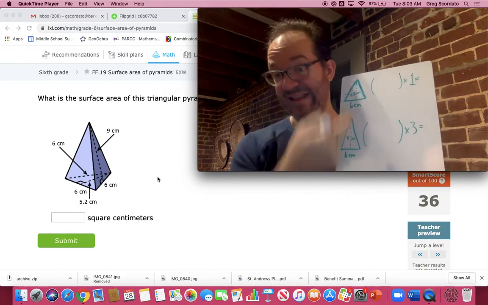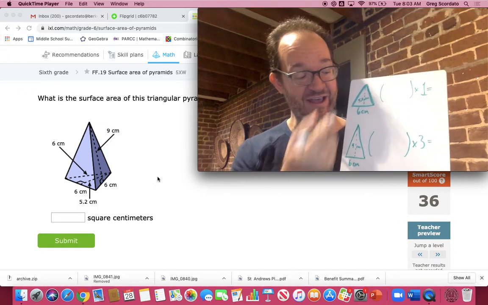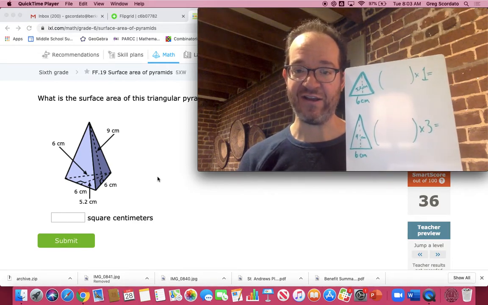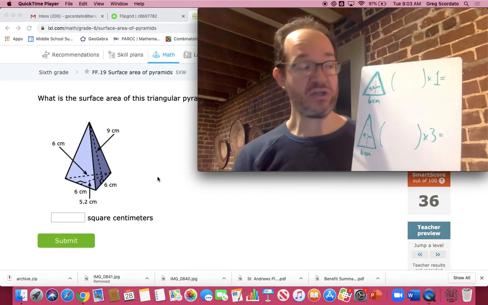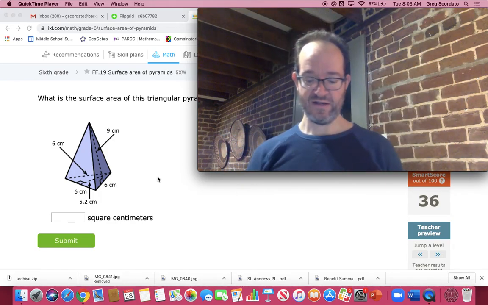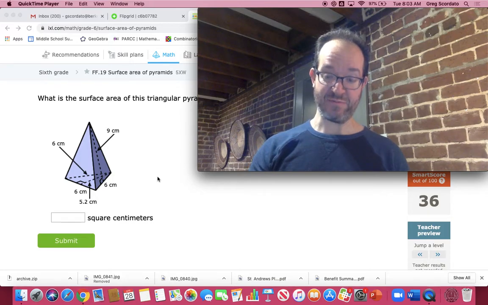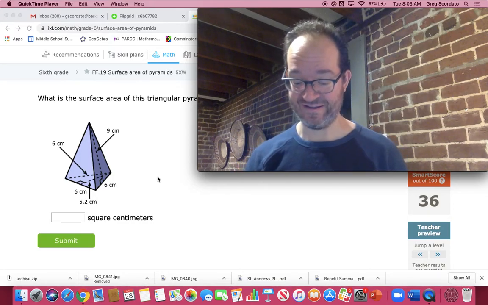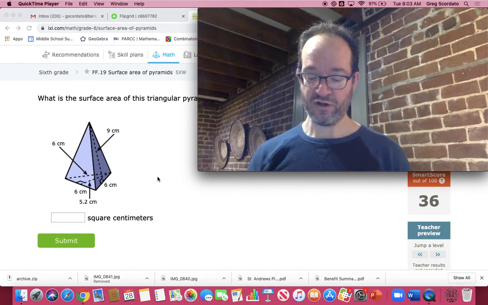But anyway, to get the total area, I have to break it down into parts as to finding the area of each face. So when I see this, I say to myself, oh, I'm going to write it. It's 1/2 times base times height, the base and height of the triangle, not the overall triangular pyramid.